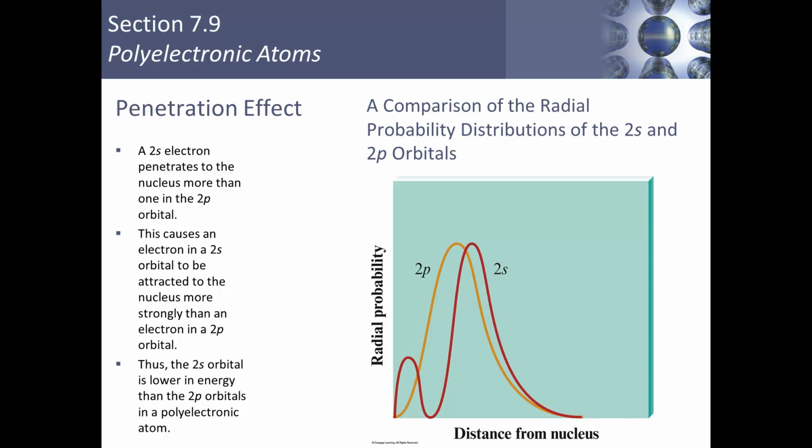For polyelectronics, our orbitals within a principal quantum level vary in energy. The 2s electron penetrates to the nucleus more than one in a 2p orbital. This causes an electron in a 2s orbital to be attracted to the nucleus more strongly than an electron in a 2p orbital. Thus, the 2s orbital is lower in energy than the 2p orbitals in a polyelectronic atom.